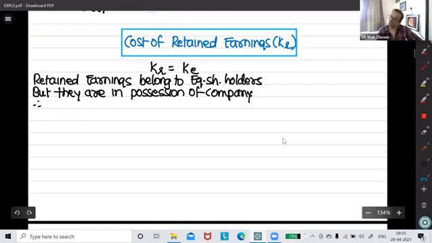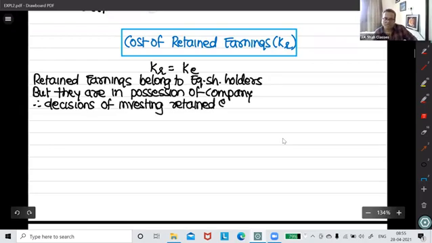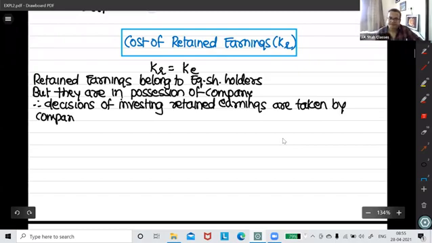Therefore, decisions of investing retained earnings are taken by the company.